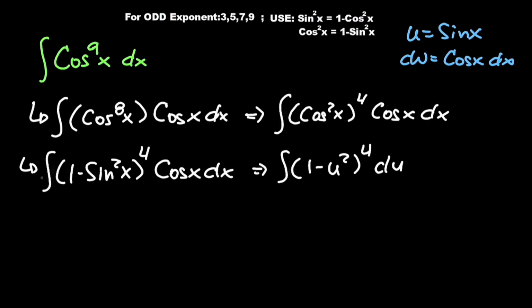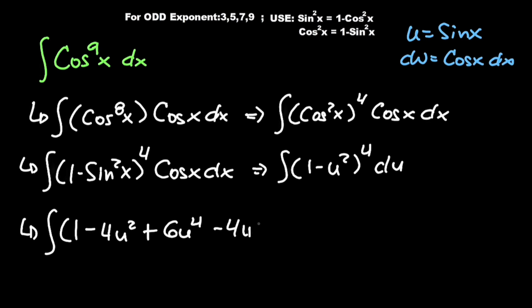Expanding this expression, we would have the integral of 1 minus 4u squared plus 6u to the power of 4 minus 4u to the power of 6 plus u to the power of 8 of du.